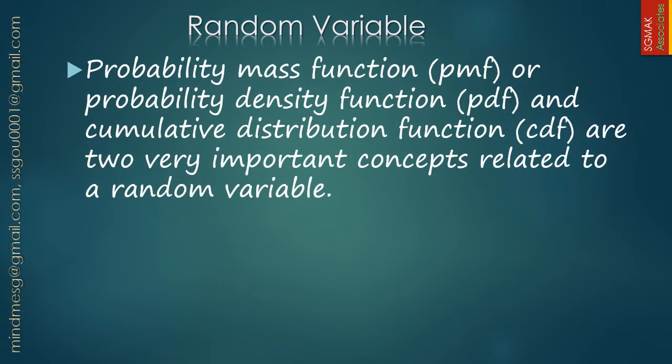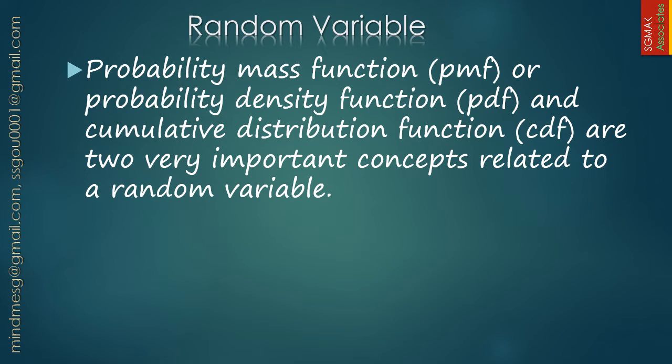Now, two important concepts dealing with a random variable are probability mass function and the cumulative distribution function. Now, for a discrete random variable, we call it probability mass function. If you're dealing with a continuous random variable, we call it a probability density function. But whether you are dealing with a discrete or continuous, we have a cumulative distribution function.